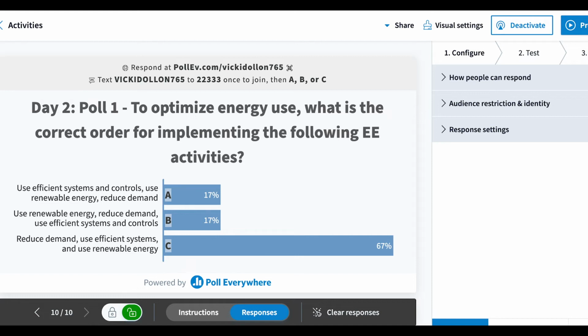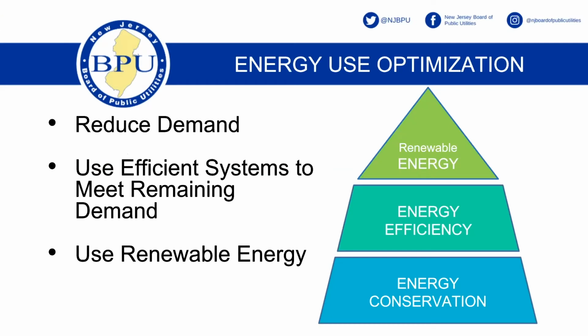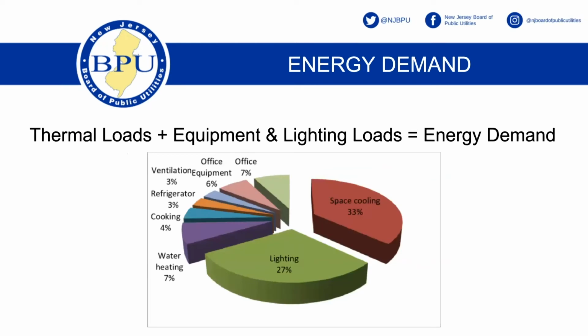But let me go ahead and click us to the next slide here. So here we are with the big three, and this shows where these loads are located in your building.